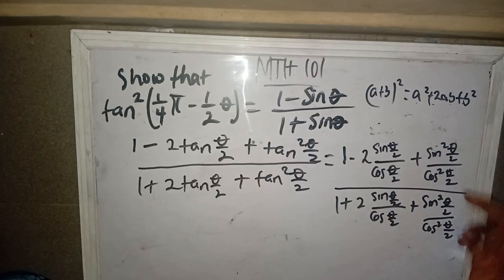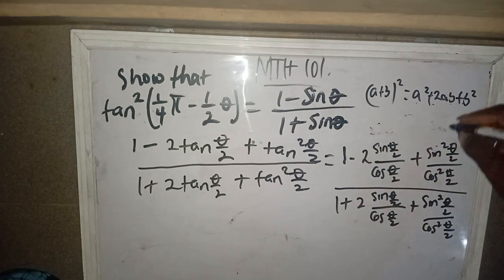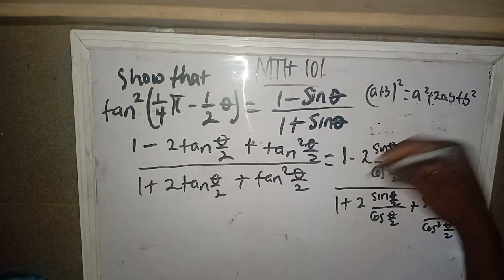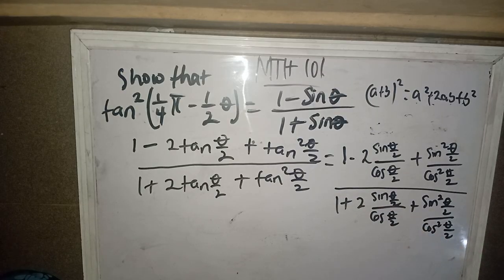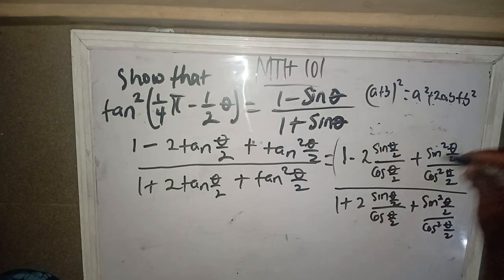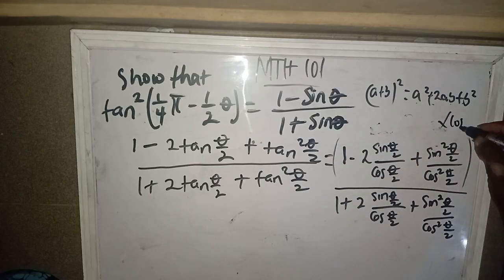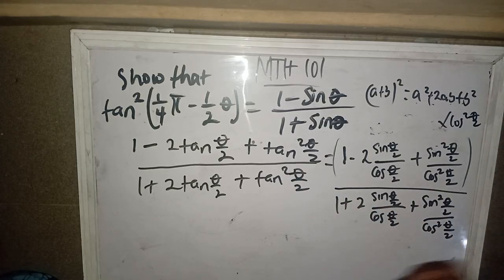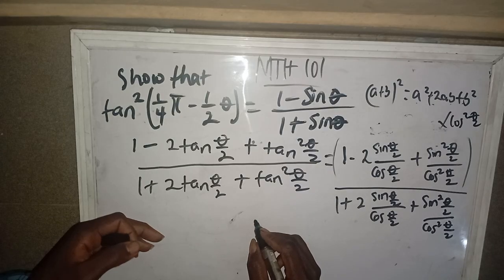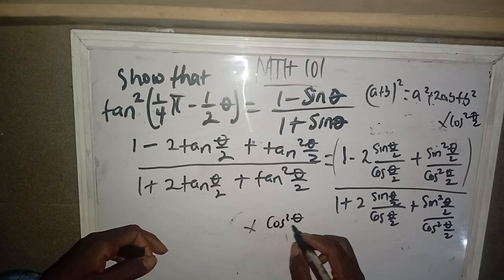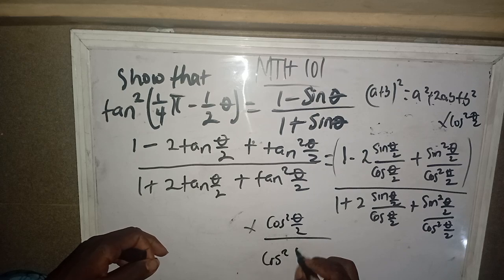So how do we do that? We have to multiply everything, like multiply the whole denominator by cos square theta over 2, and the whole numerator. If I say everything here times cos square theta over 2, and I also say everything here times cos square theta over 2, I've not altered the question, because it's just like I'm multiplying the whole by cos square theta over 2 over cos square theta over 2.